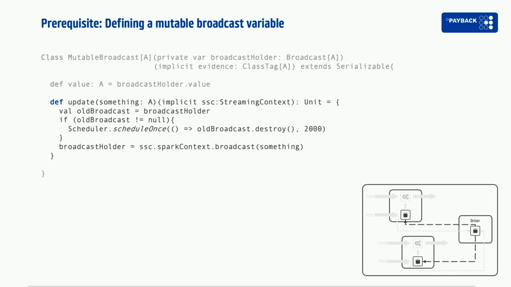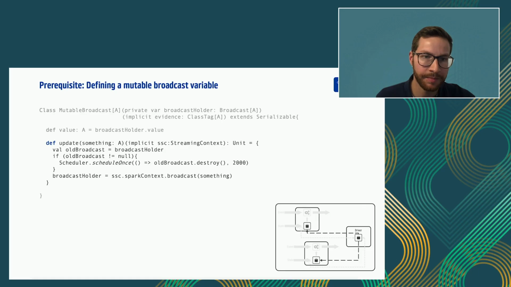Give me the current value is pretty straightforward. And for update with something new, what we do is we get the broadcast and delete it, or in other words, call the destroy method on it. But as the broadcast may currently be used somewhere else in our application, we don't want to do it immediately, but we wait for one microbatch, so in our case 2 seconds, before we call the destroy method.